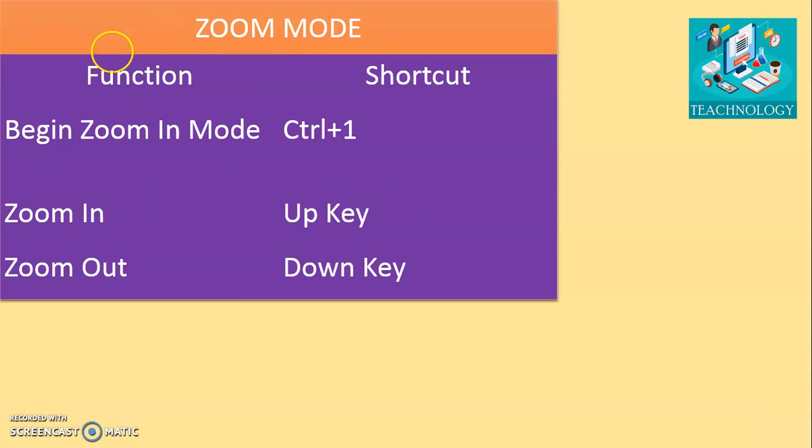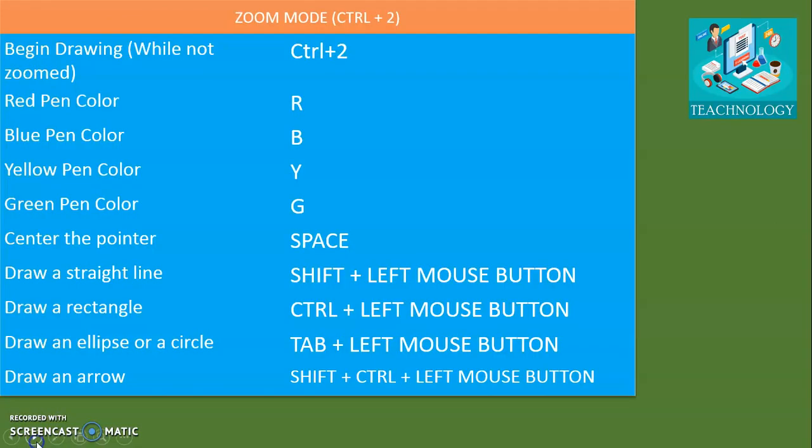The next mode that you get with Zoomit app is drawing mode. Sorry, I have typed it wrongly. This is drawing mode. To begin drawing during a presentation in a PPT or a PDF or a Word document, you need to press Ctrl+2.